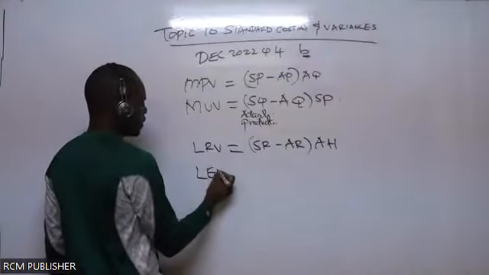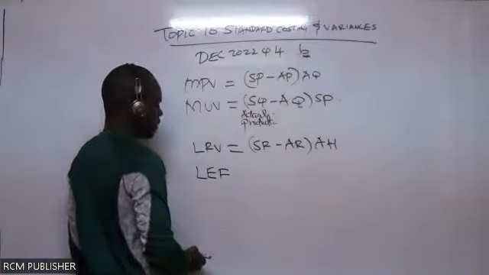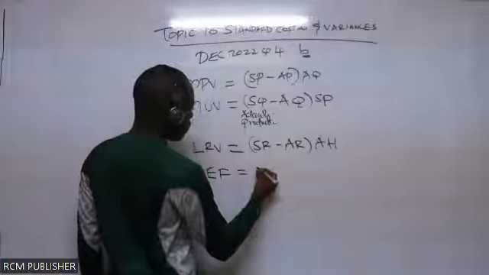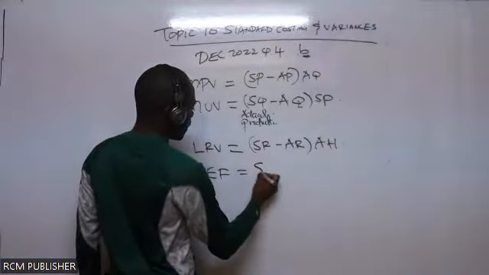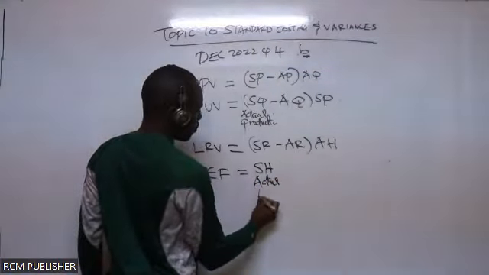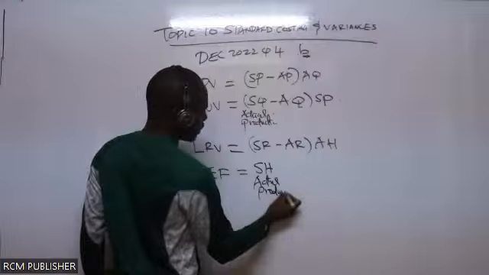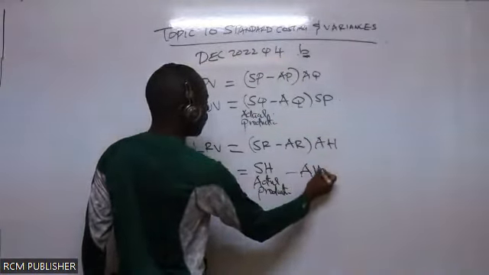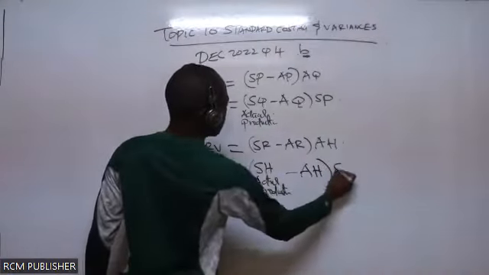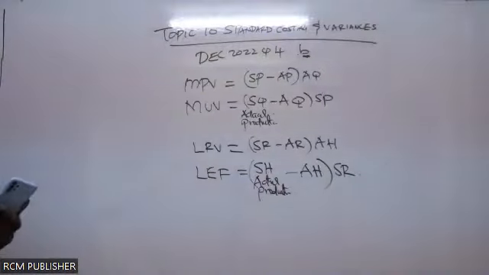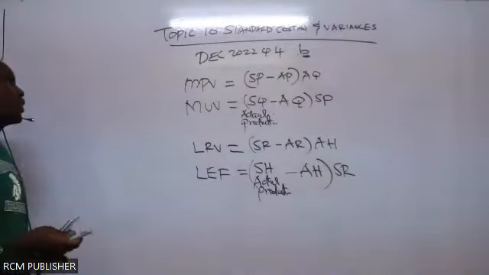Labor efficiency variance will be equivalent to standard hours of actual production, less actual hours. Then everything there we multiply by the standard rate. Good. So that's what you need to know.